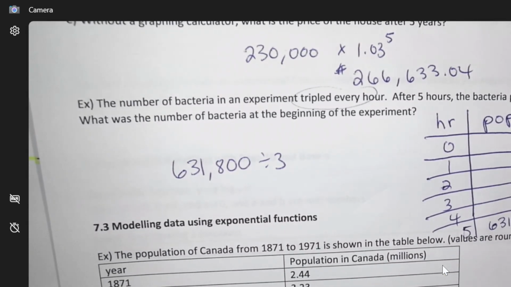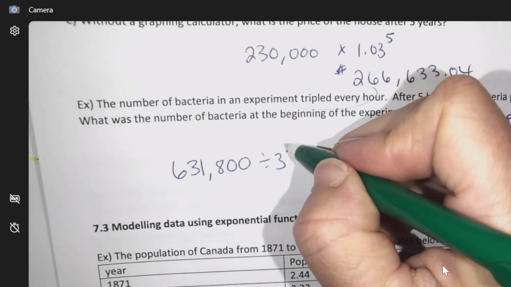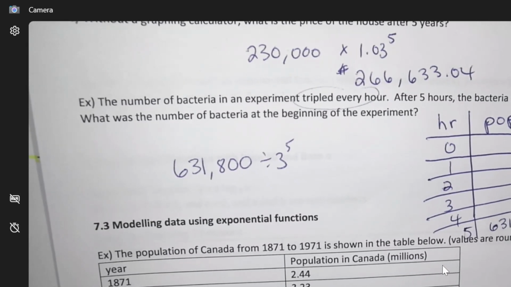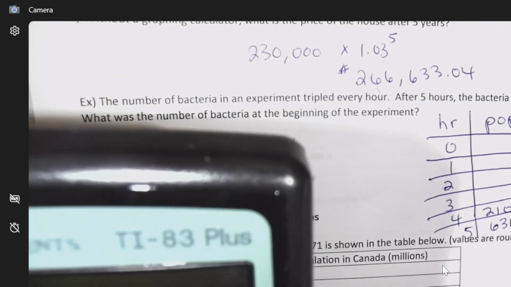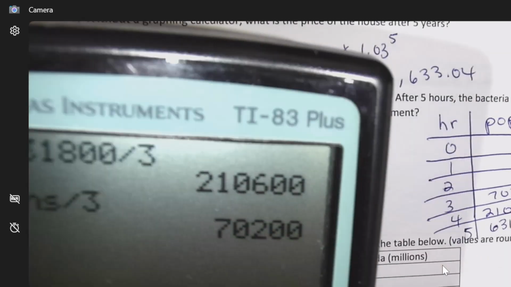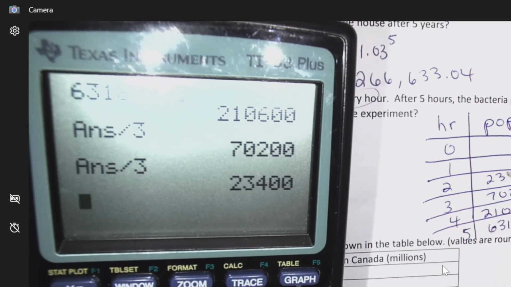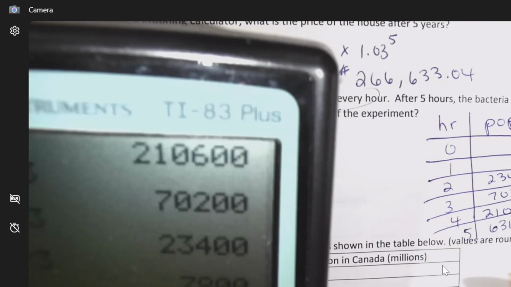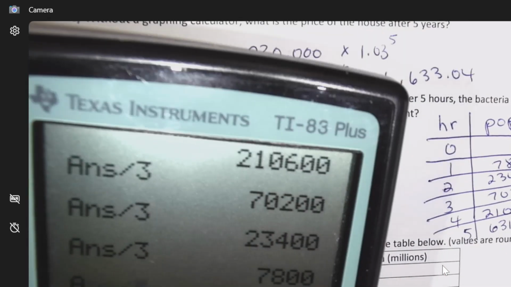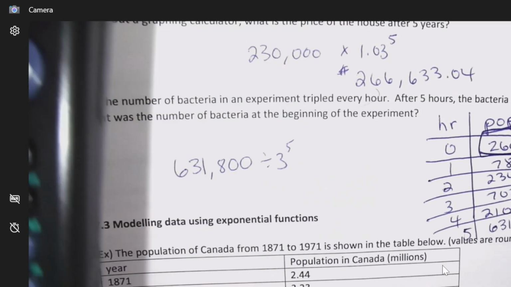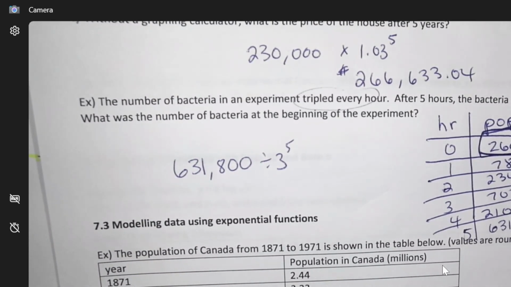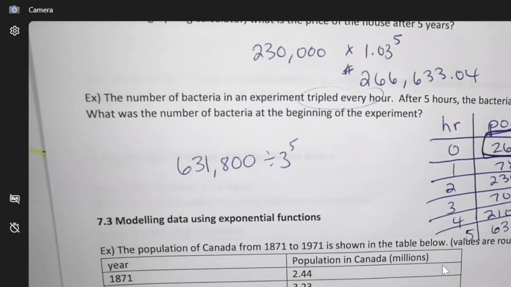How many times do you have to do this division? 1, 2, 3, 4, 5. 2,600, was anybody else getting that?